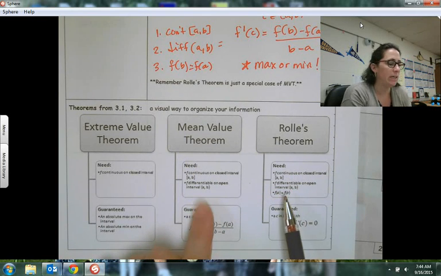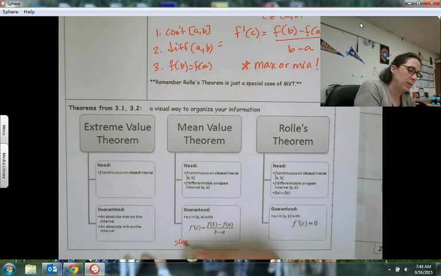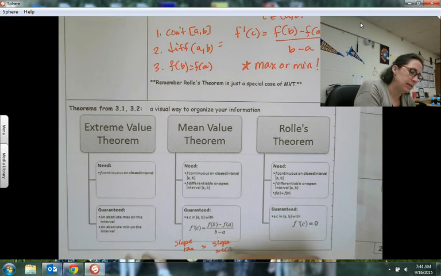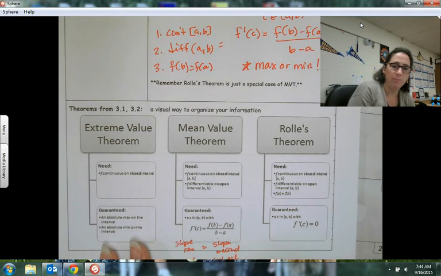And what's guaranteed when I have this is that you have an absolute max and an absolute min. For the mean value theorem, f prime of c equals f of b minus f of a over b minus a, so the slope of the tangent equals the slope of the secant. That's the average velocity equals the instantaneous velocity.